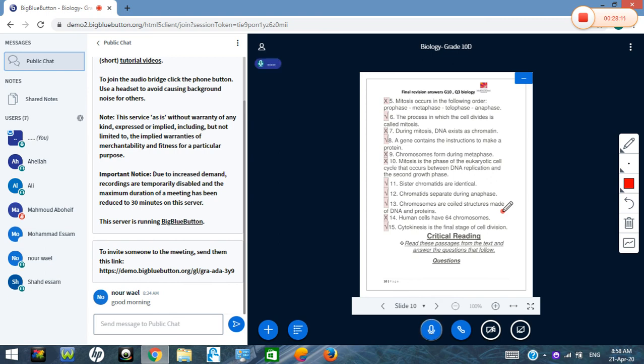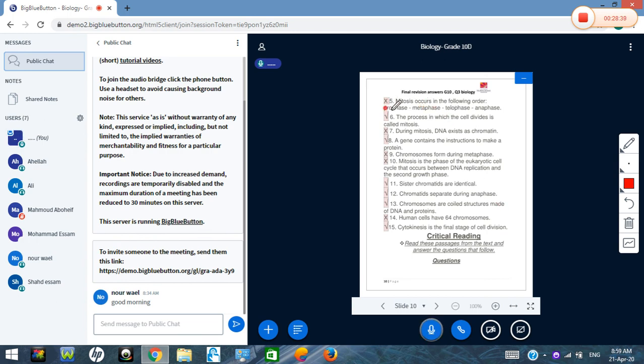Number 5, mitosis occurs in the following order: prophase, metaphase, anaphase, telophase, and anaphase. So the sequence of the phases is wrong.